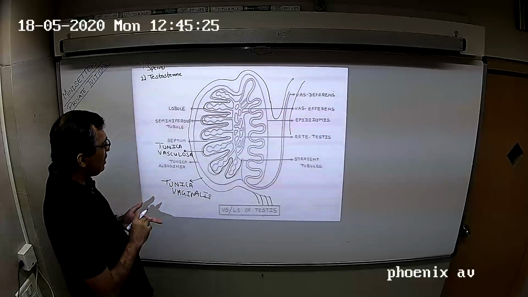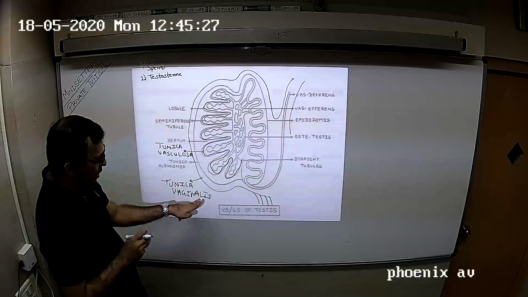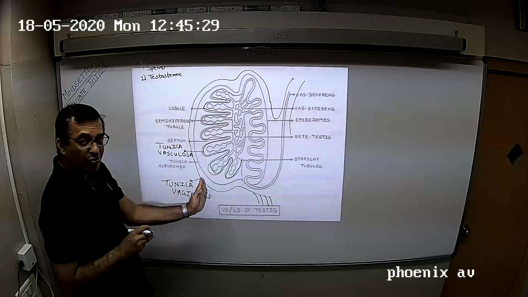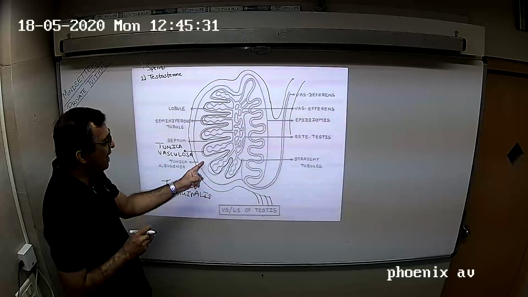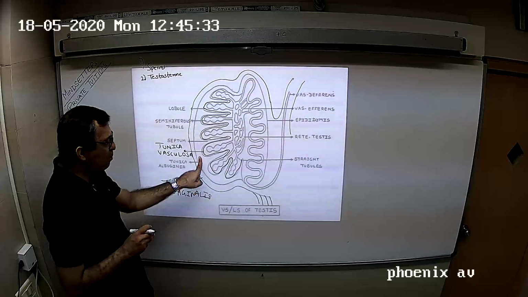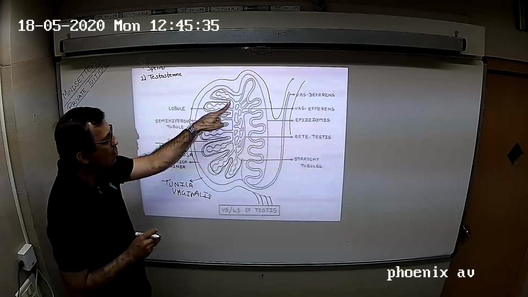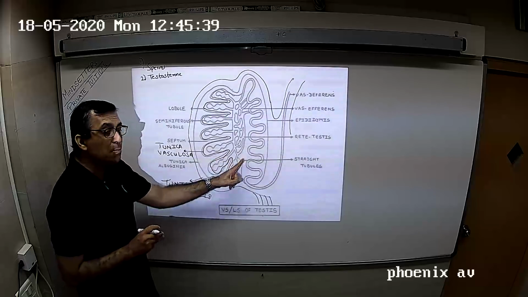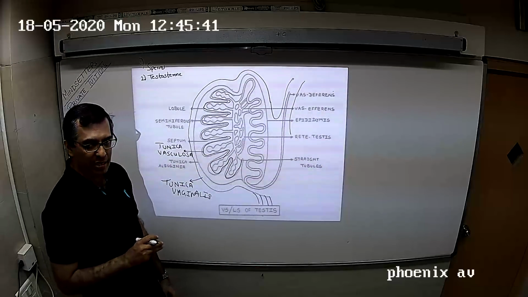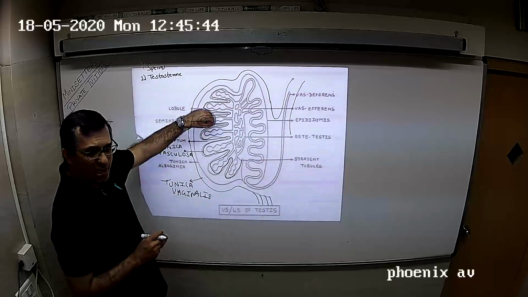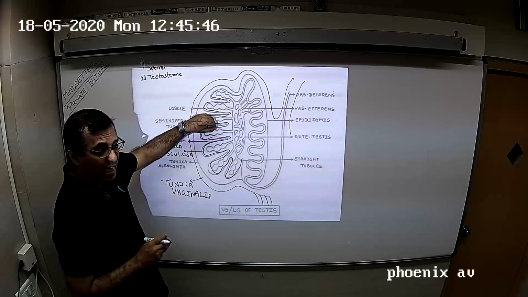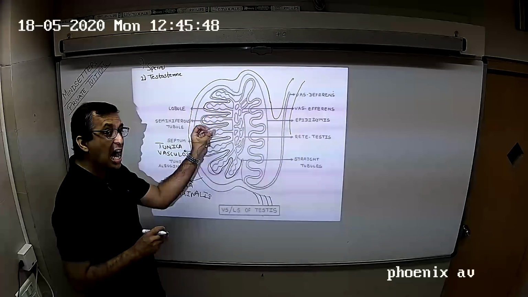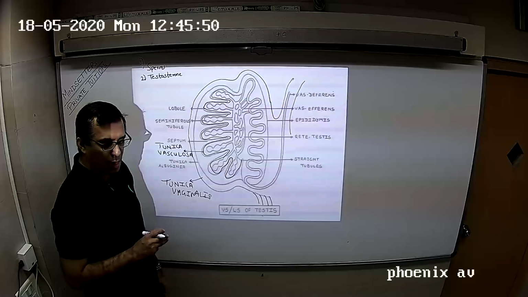So, testis has got three layers. Outer is the tunica vaginalis, middle is the tunica albuginea, and innermost is the tunica vasculosa, which is made of blood capillaries. Tunica vasculosa, made of blood capillaries, will provide nourishment to the testis.